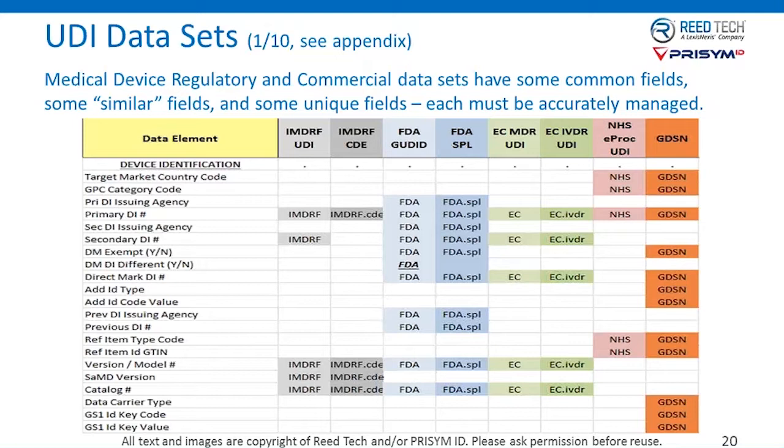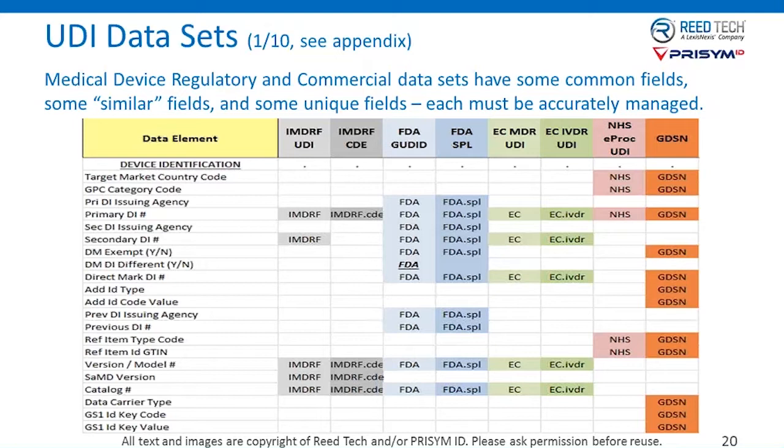And then for those companies that are marketing product in England, there's National Health Service e-procurement activity going on. So for comparison, that information is also charted, as well as some companies are being asked to supply data through a commercial venue, GS1 Global Data Synchronization Network, and that's actually a much fuller data set.